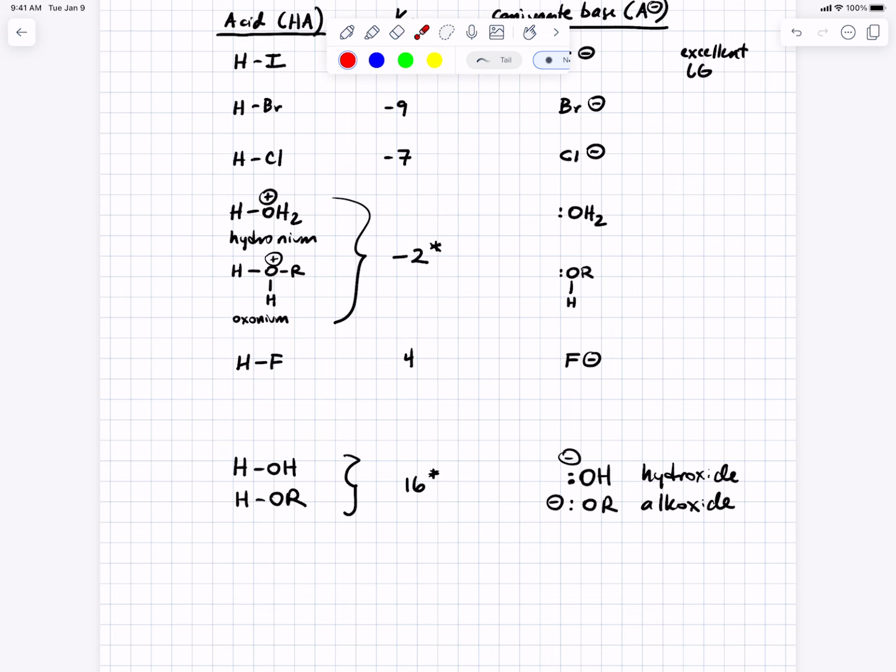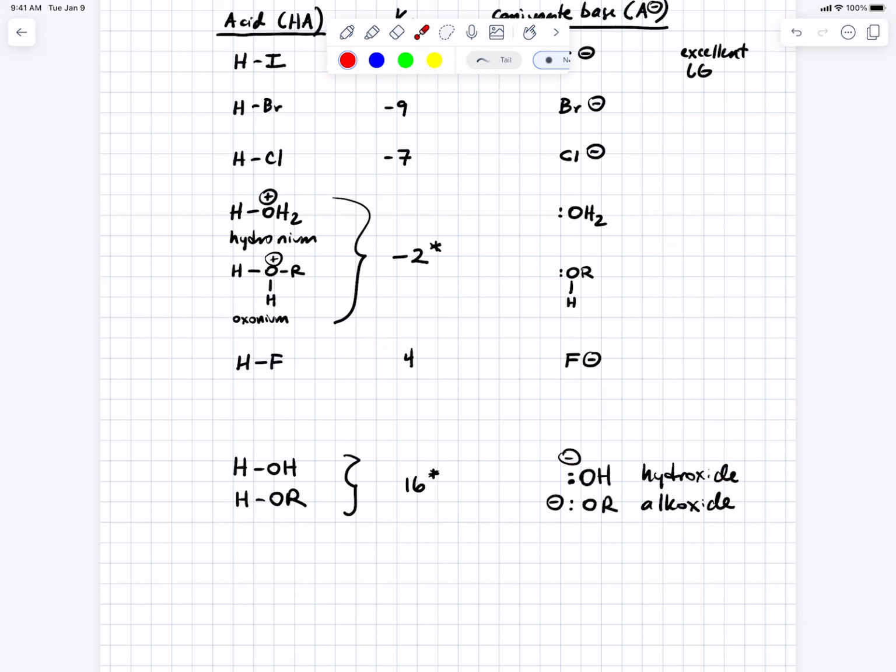We're not going to be doing a lot of that stuff, but water is an example. Hydronium going to water and then water going to hydroxide is an example of a polyprotic acid, an acid that's got more than one proton that can be removed. So you need to be aware, and the numbers are different, right? For polyprotic acids, the first proton off is always the easiest, and then the second one is more costly.